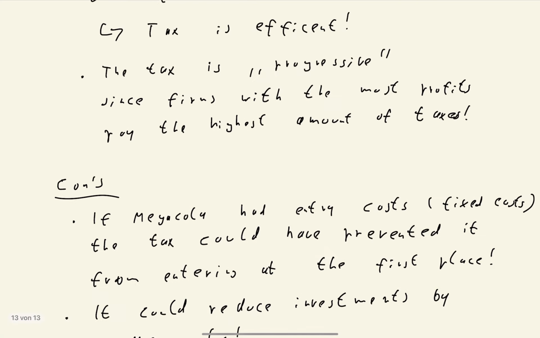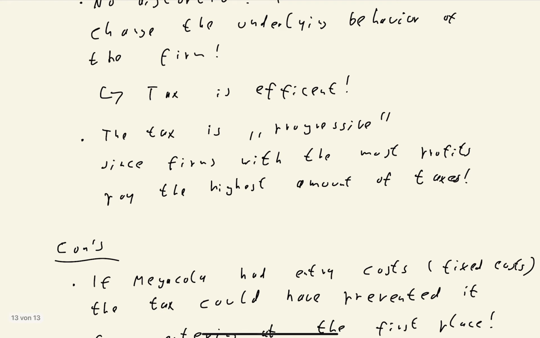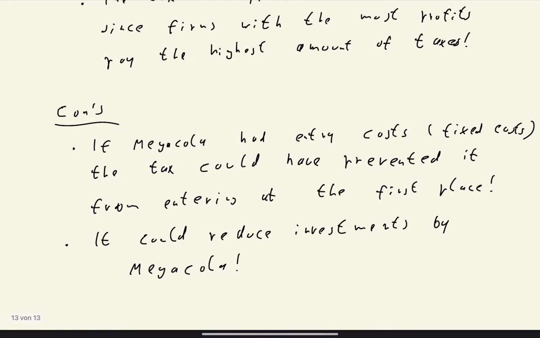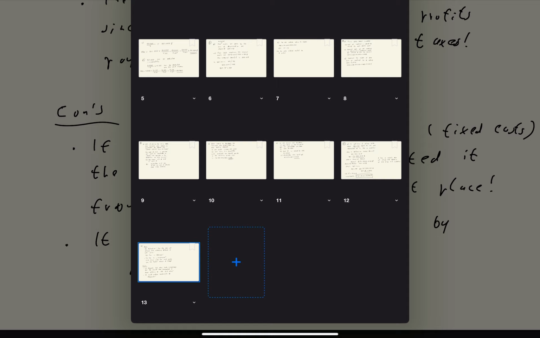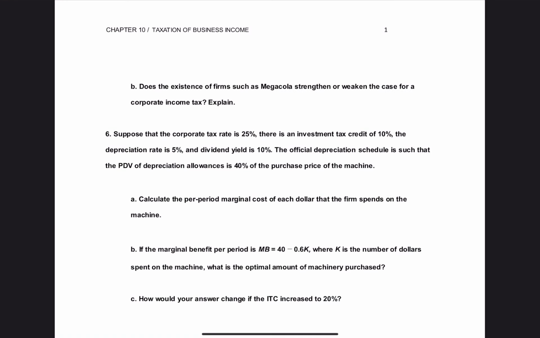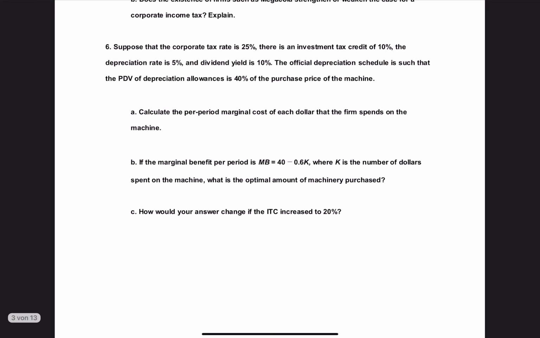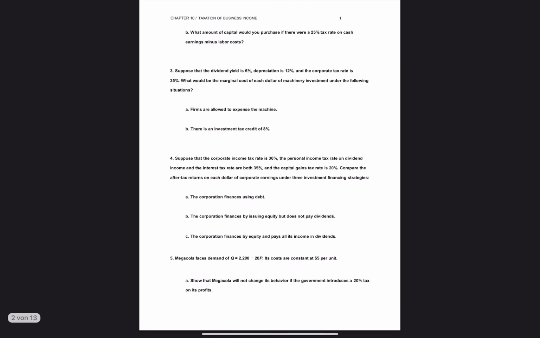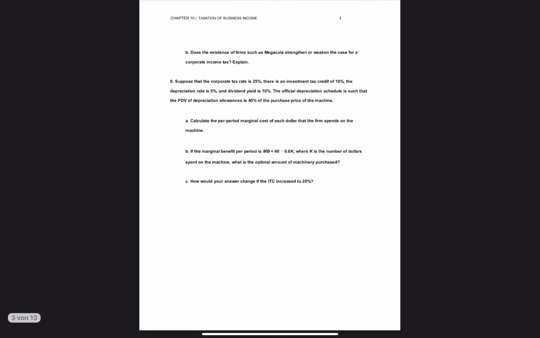So then in total, obviously, it depends on the particular market and of course on the height of the tax rate, whether it is welfare enhancing or not. And this brings us to the last exercise for this week, exercise number 6. So this is a little bit related to, I think, question number 3 or 4.